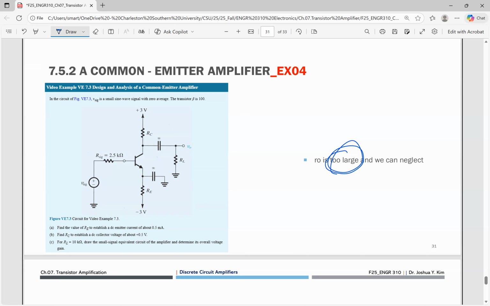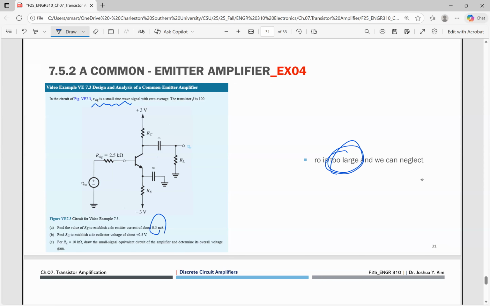So as I said before, in the real BJT, they include the small AC signal, and then the DC bias signal is like a mix up. So we're gonna try to solve some questions. The first question: define the R sub E value to establish a DC emitter current of about 0.5 milliamp here.